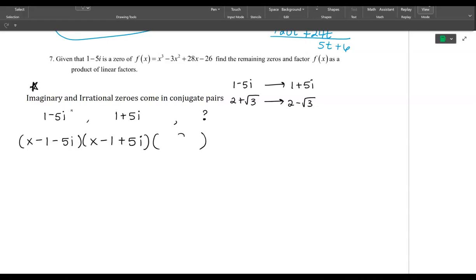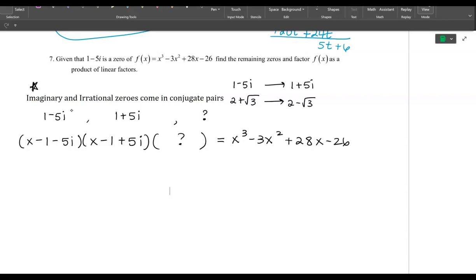And then there's some factor left that we don't know, that all comes together to give us the polynomial we started with. So we're going to multiply these two out together, and then do division to solve for whatever is missing. Once we find what's missing, we'll know what the last 0 is and the last factor.